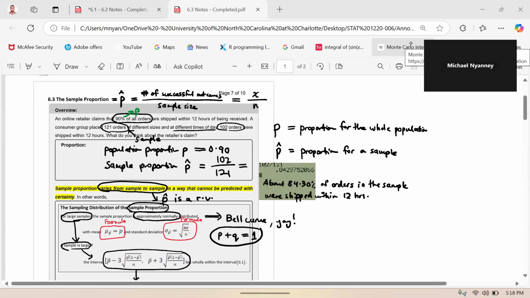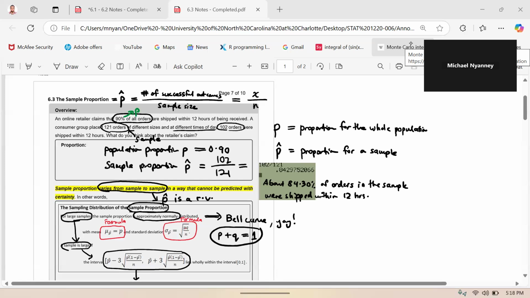Here, we are in the sample proportion, which is also viewed as a sample statistic, and we're going to use the same idea as we did in 6.1 and 6.2. We want to find the mean and the standard deviation of it, and we get to know that the mean of the sample proportion will be the same as the population proportion. And for the standard deviation, you have the formula too.